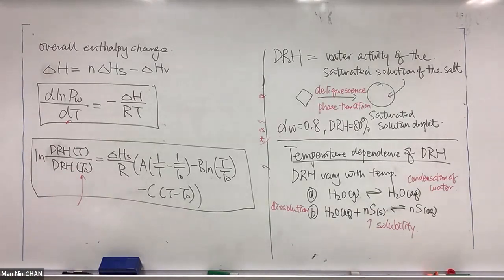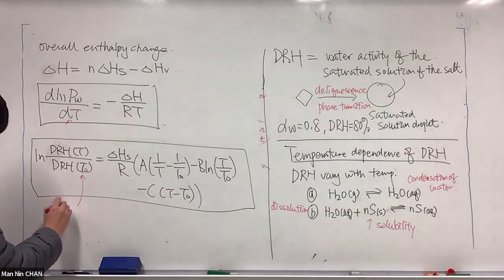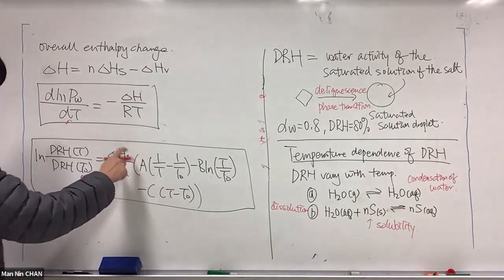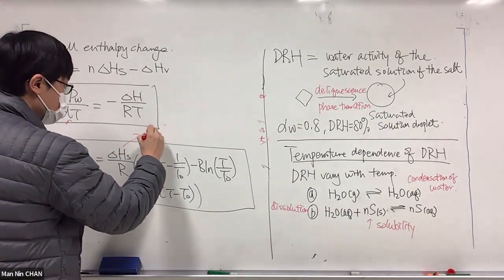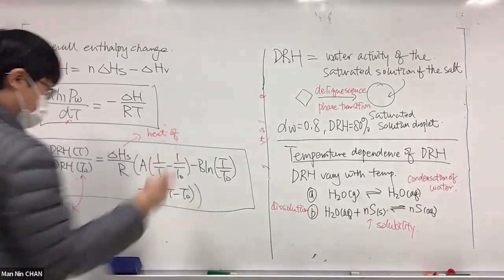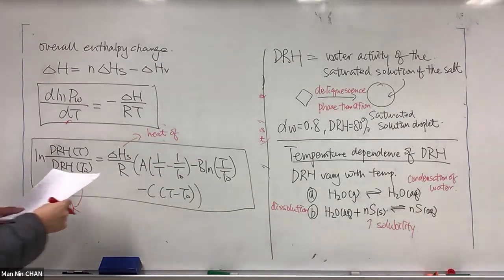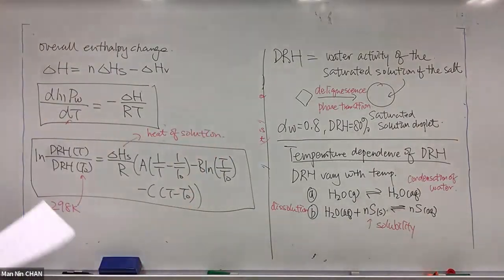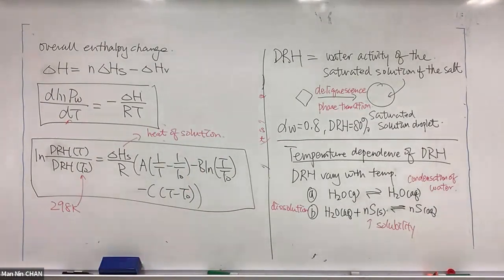Usually the reference temperature in this case is 298 Kelvin. Delta HS is the heat of the solution, and R is the gas constant.